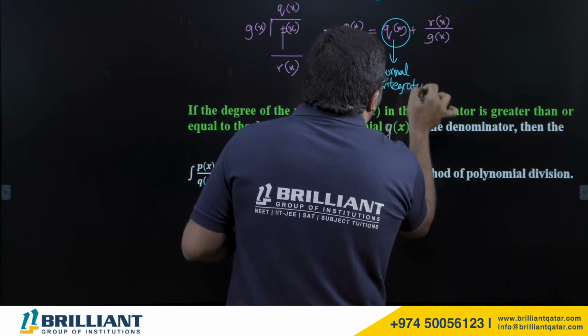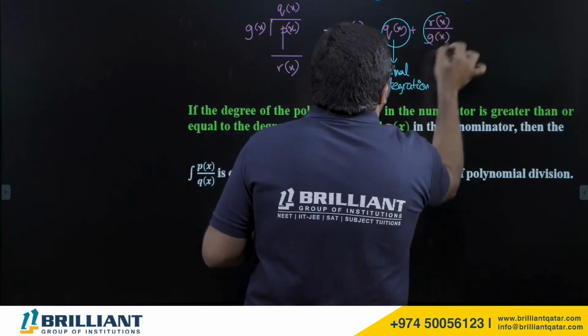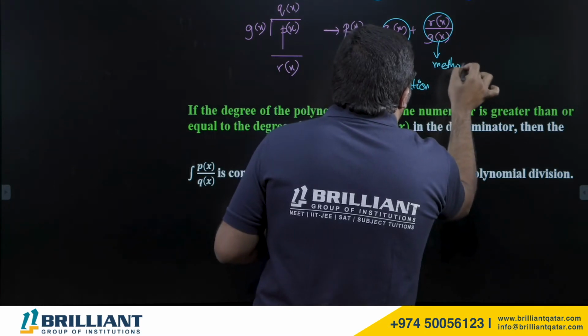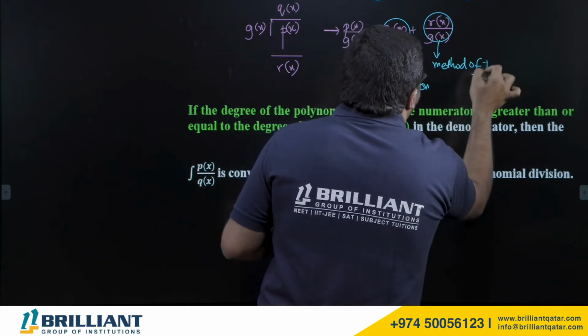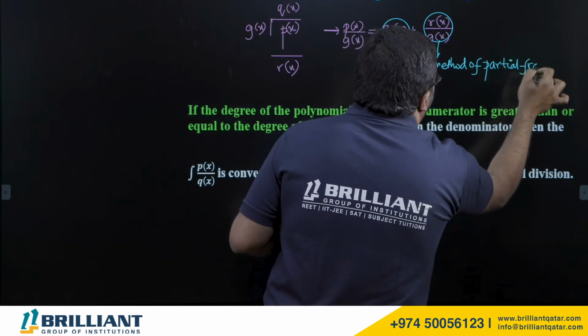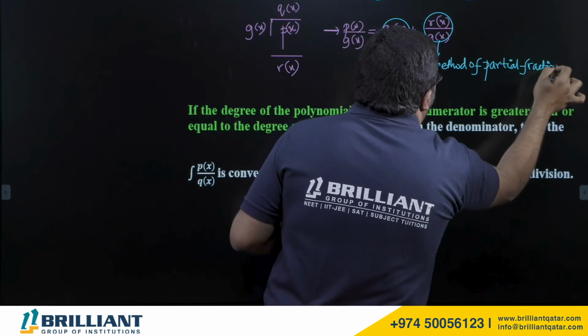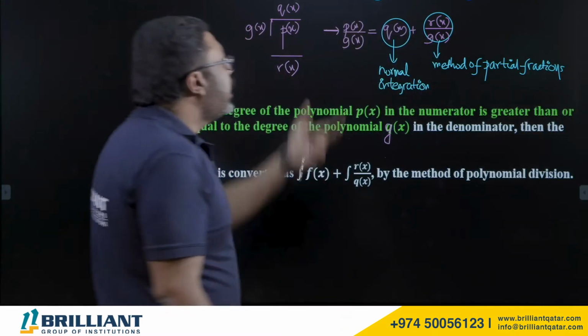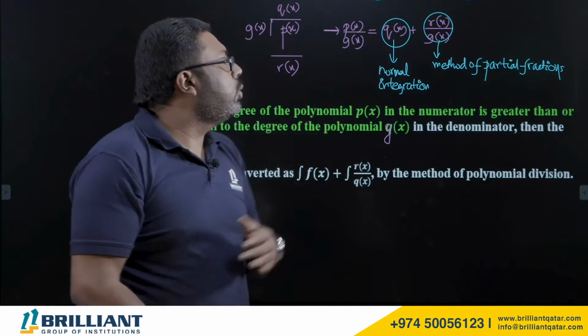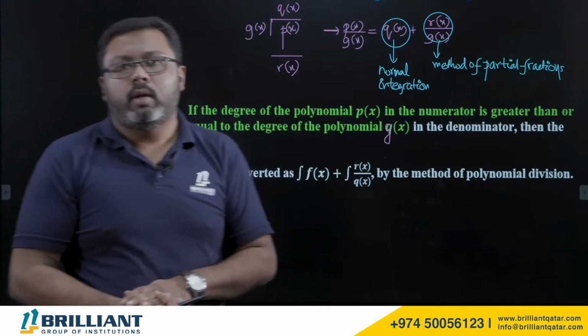But in the second part, you will do the method of partial fractions. In the first part, you will do normal integration, but in the second part, you will do the method of partial fractions.